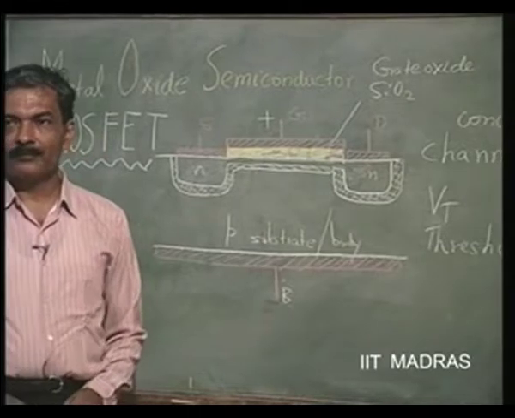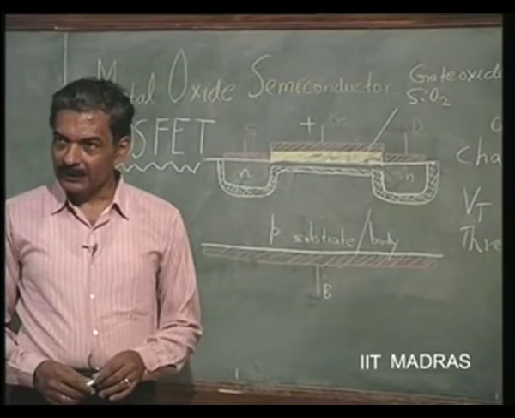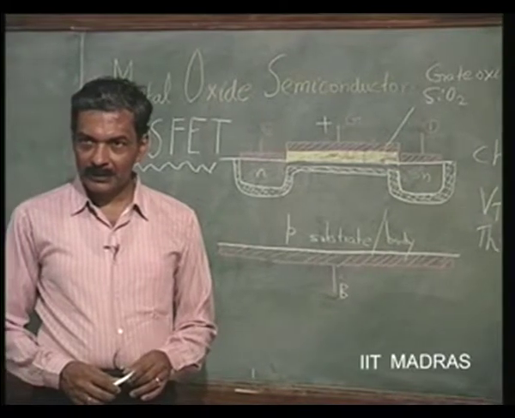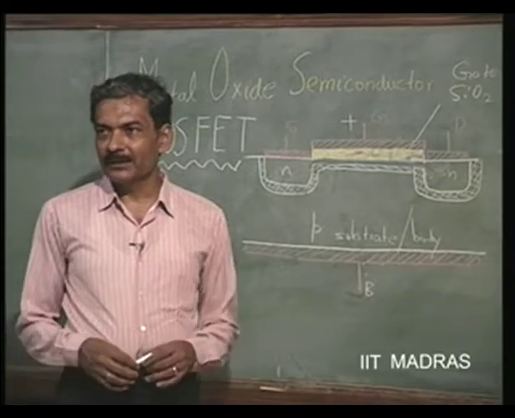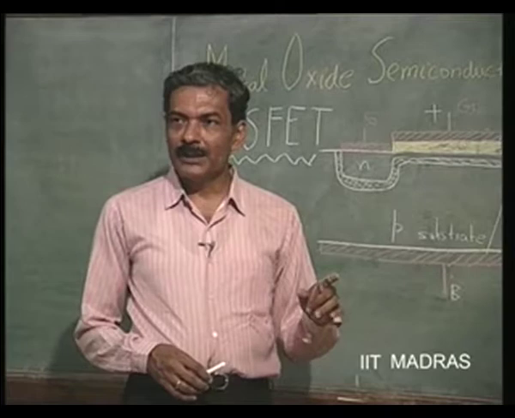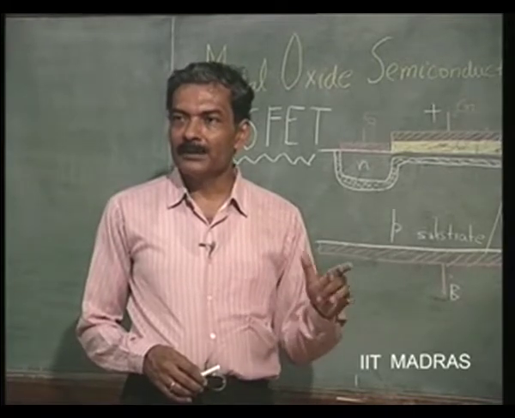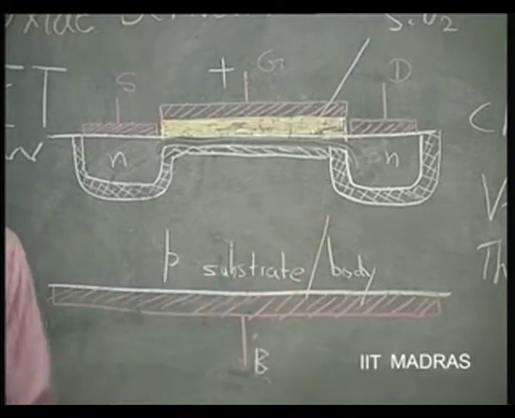This is the device definition for threshold voltage. The circuit definition is very simple because the device definition is very difficult. The circuit definition is that threshold voltage is that voltage that will permit a certain amount of current to flow from source to drain, because that can be easily measured, right?